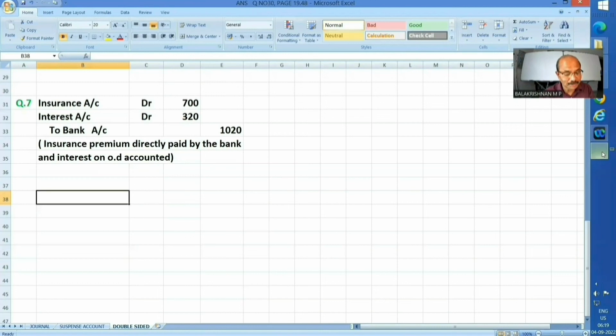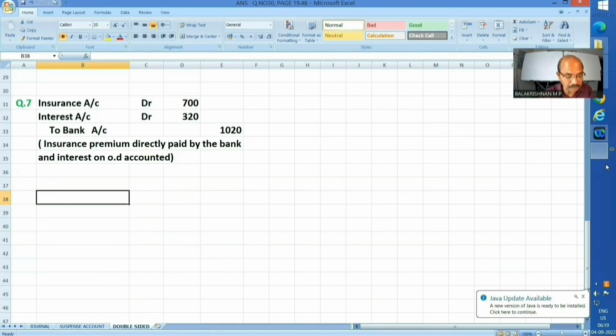Next one. No entries have been made in the cash book for the insurance premium directly paid by bank rupees 700 and interest charge on overdraft rupees 320. Obviously, these items have surfaced during the course of a bank reconciliation statement. So there is no rectification as such. All we need to do is just account it.